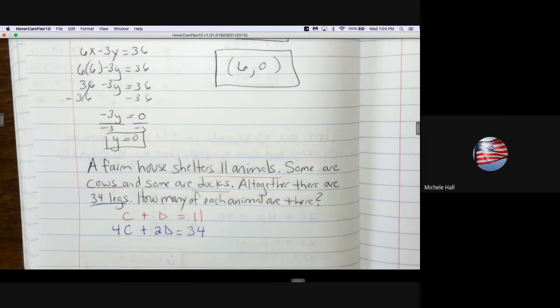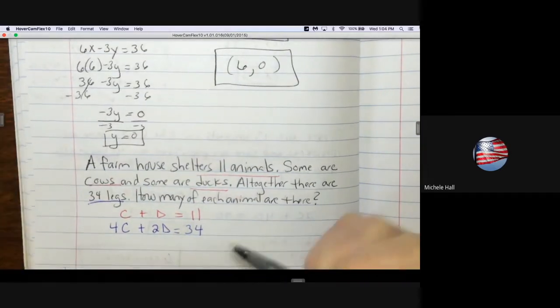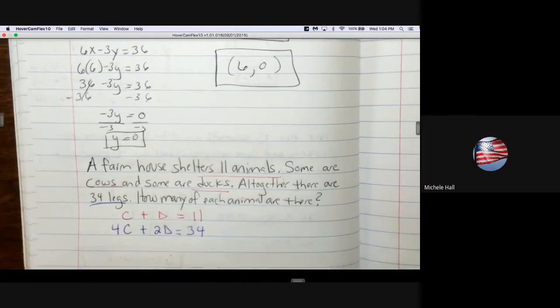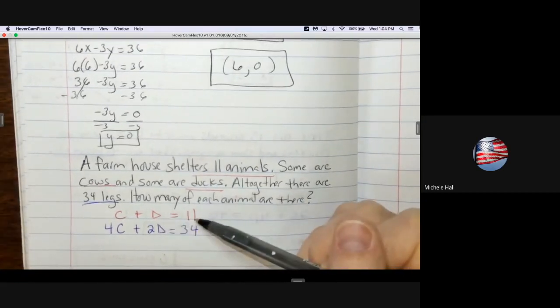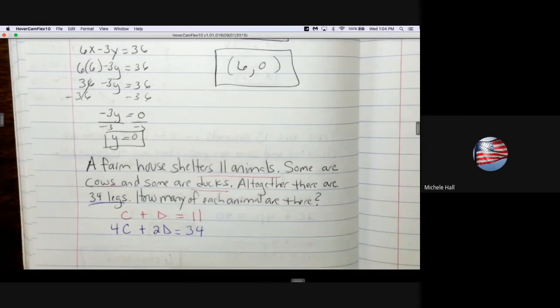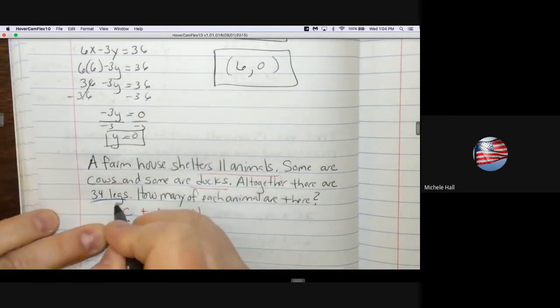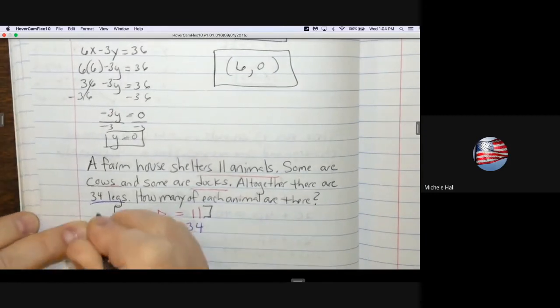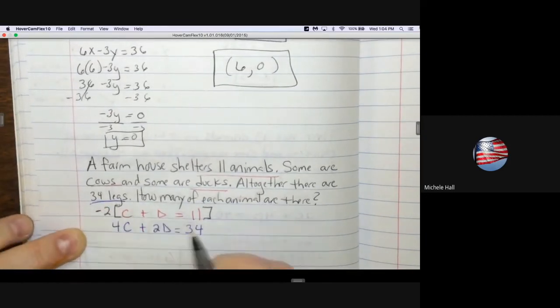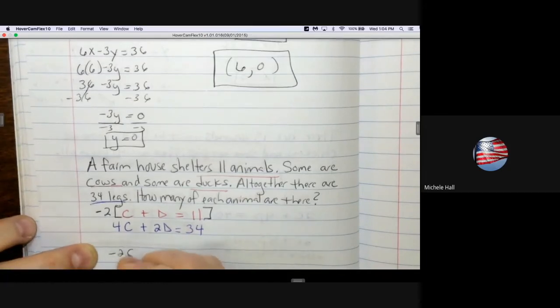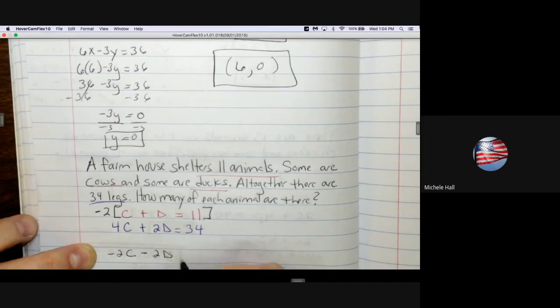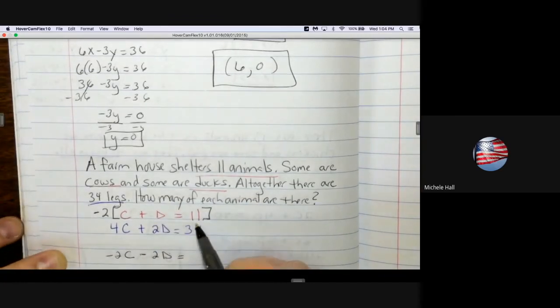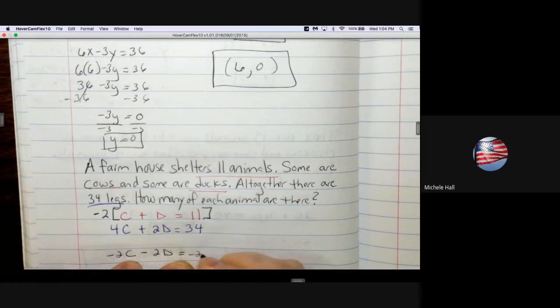We're going to use the elimination method. I would like my d terms to cancel. What do I need to multiply the first equation by so that my d's will cancel? We're going to multiply by negative 2. Negative 2 times c, negative 2 times d, and negative 2 times 11 is negative 22.